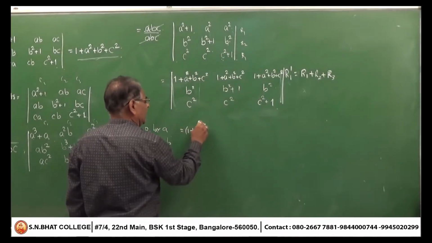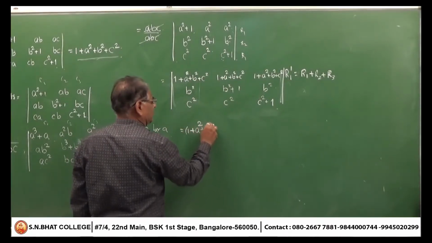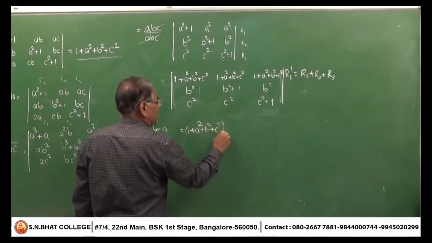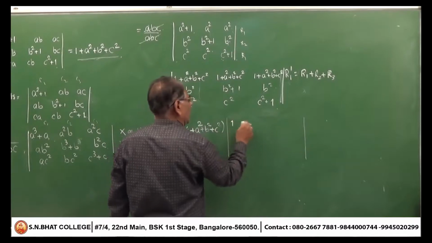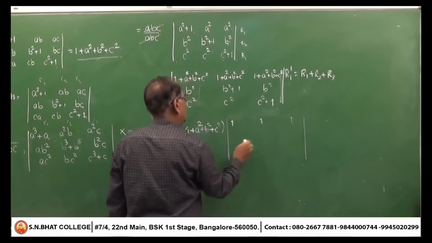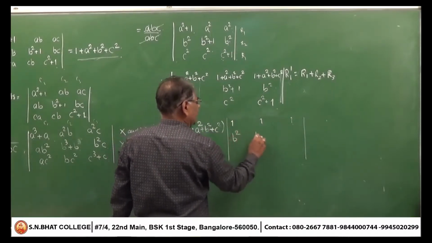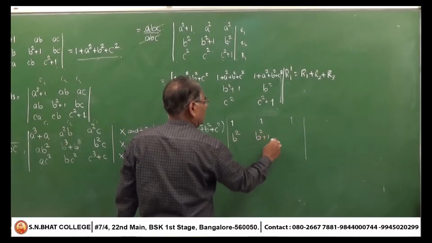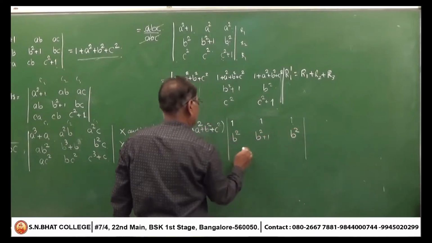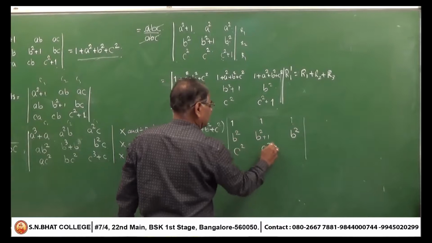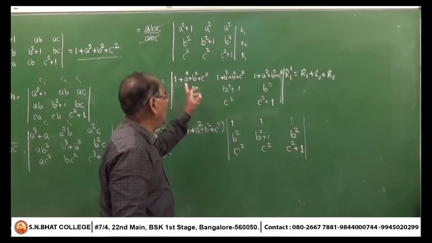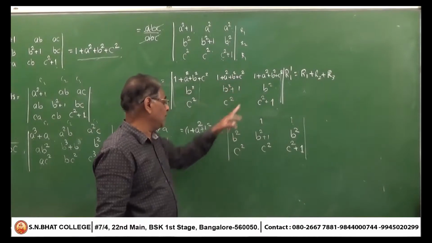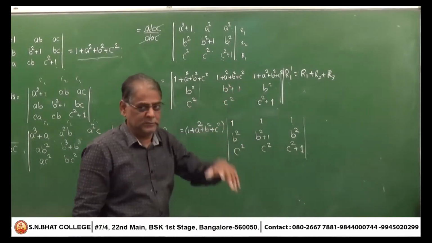First row common factor is 1 plus A square plus B square plus C square. You are left with first row 1, 1, 1, B square plus 1, B square, C square, C square plus 1. I have taken 1 plus A square plus B square plus C square common factor from row 1.